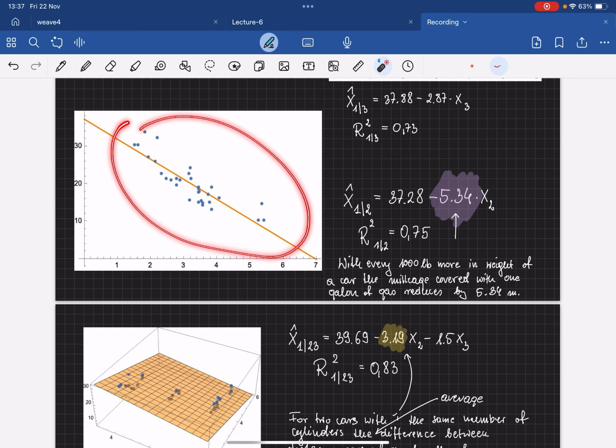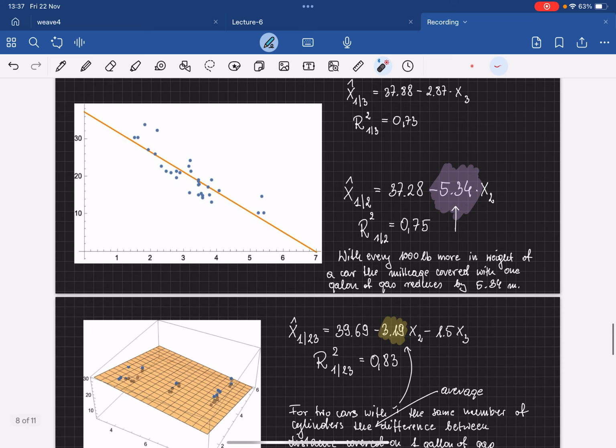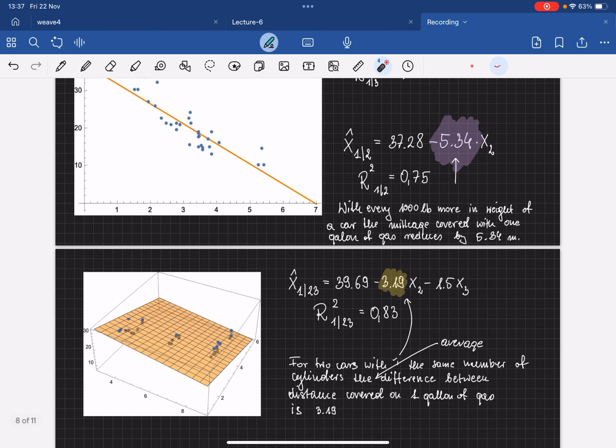There is a regression line and a scatter plot of the data points. Here we have the same, but without the possibility of looking from different sides at this picture, we cannot really gain any information. For that, I advise you to use the Mathematica notebook, which is available on campus. You can look at the picture from different points of view.